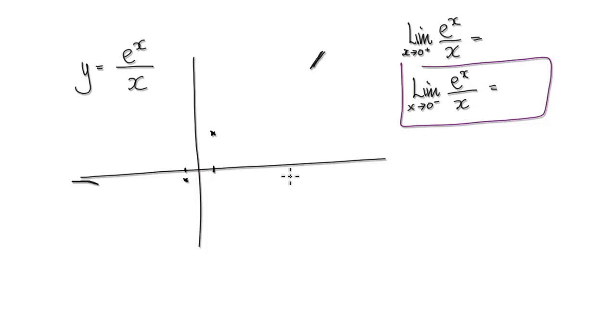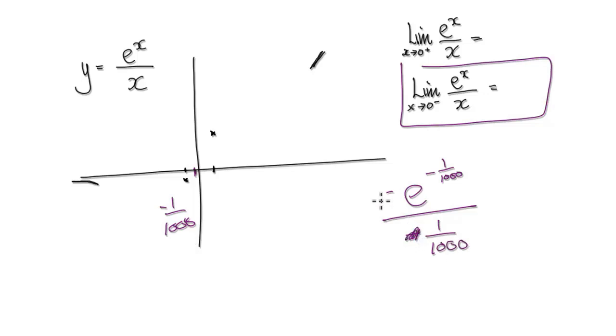So here it's negative 1 over 1000. Put this into here, so that would be e to the power of negative 1 over 1000 divided by negative 1 over 1000. I'm going to move the negative up here and take it out, so I can just concentrate on evaluating this.